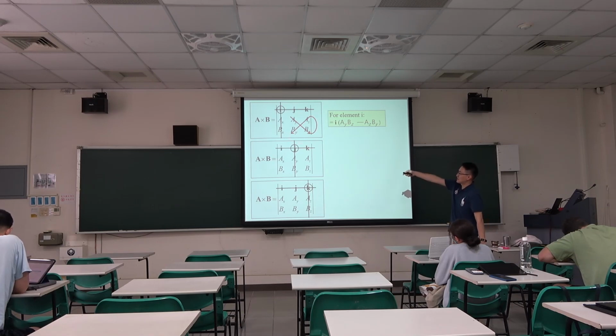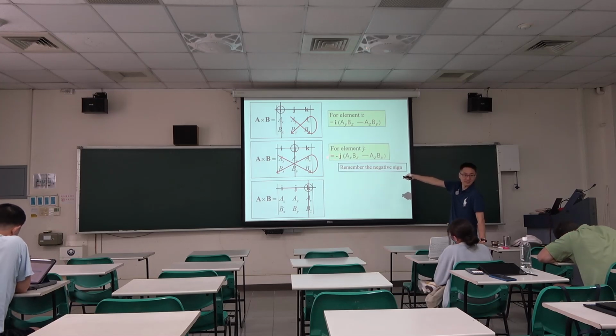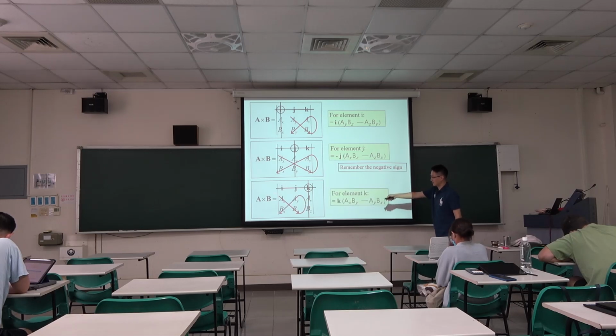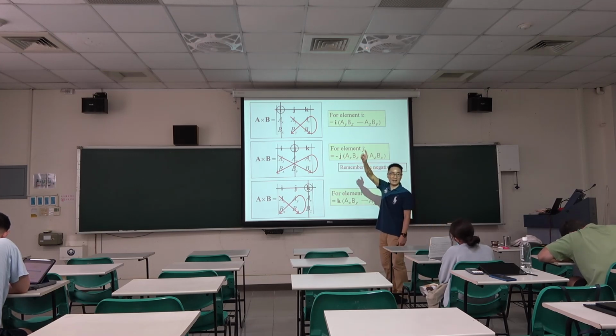Then for the second part, we cancel these two lines. The same approach, but we should have a negative here. So Ax Bz minus Az Bx, but which is a negative component. Then the third component, the same approach. We go from left top to right bottom, this one is positive.